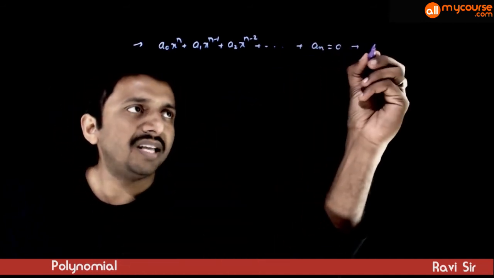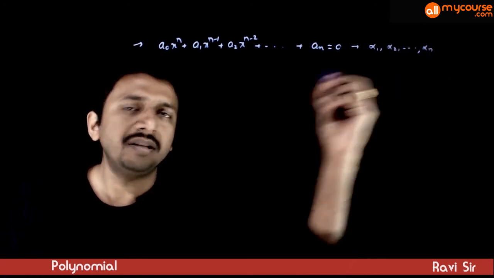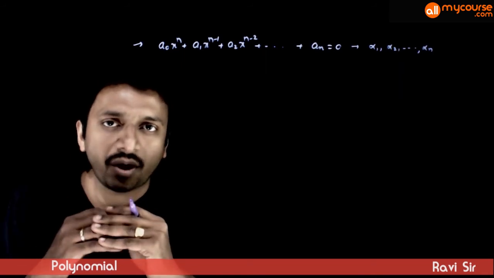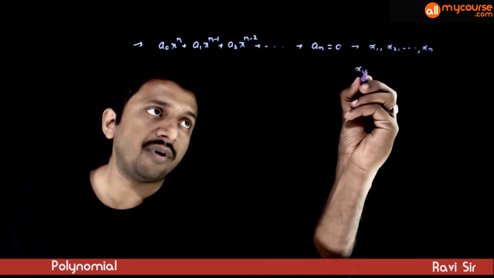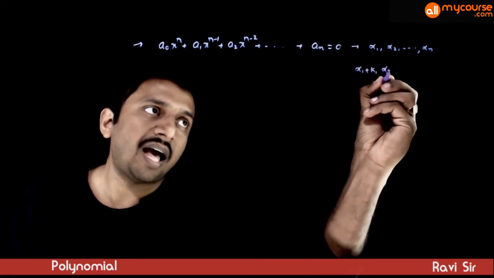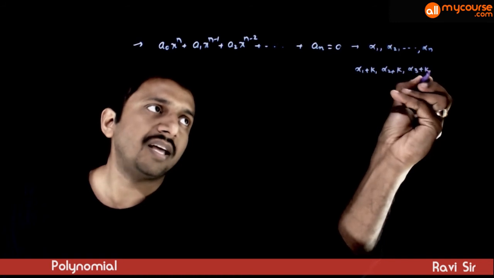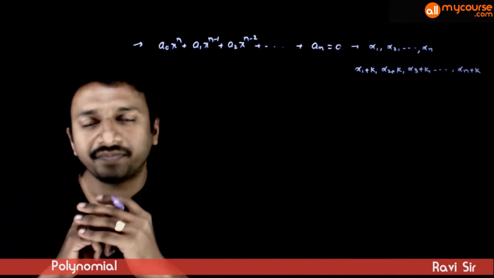If the roots of this equation are alpha 1, alpha 2, and so on up to alpha n, now let us assume that I want an equation whose roots are alpha 1 plus k, alpha 2 plus k, alpha 3 plus k, and so on up to alpha n plus k.